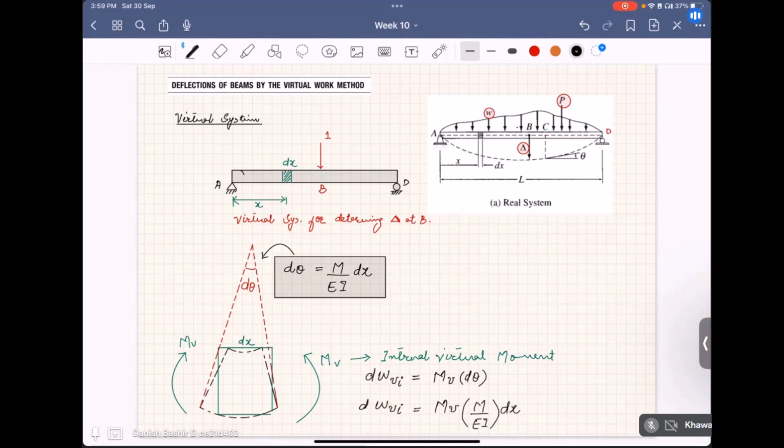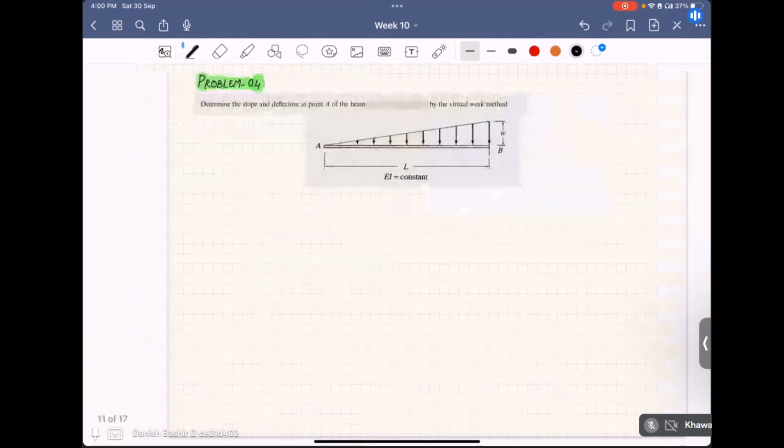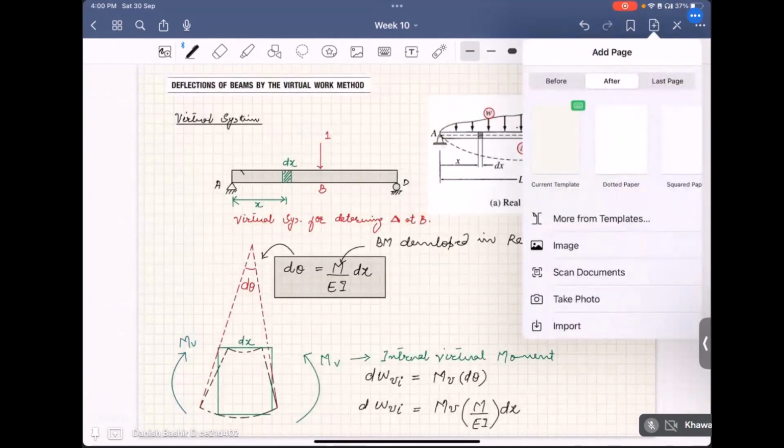And please note that M is the bending moment developed in the real system. Okay, real system. So this point is clear to you.